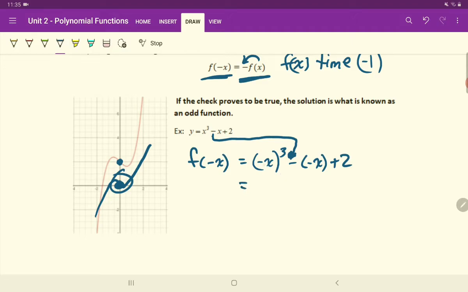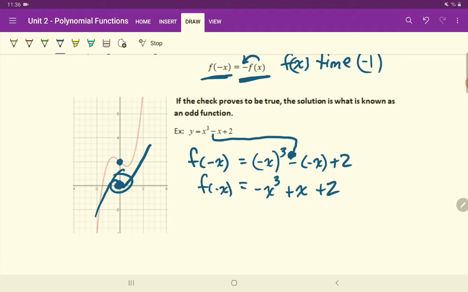So what do I get? Well, negative x cubed, a negative number cubed, is still going to be a negative number. It's not like to the power of 2 or 4 or 6 where it becomes positive. Any negative number cubed will remain negative. And then minus a negative x would become plus x plus 2. So that is our f at negative x.